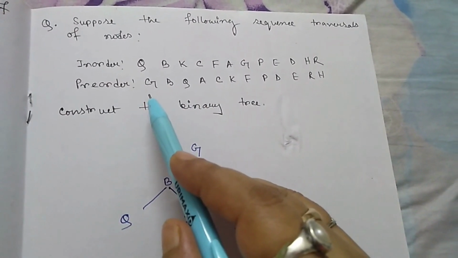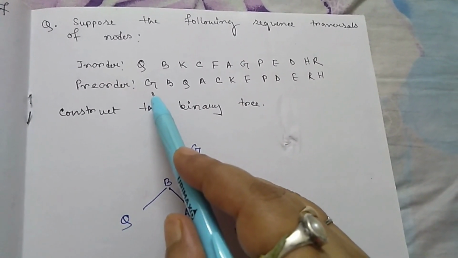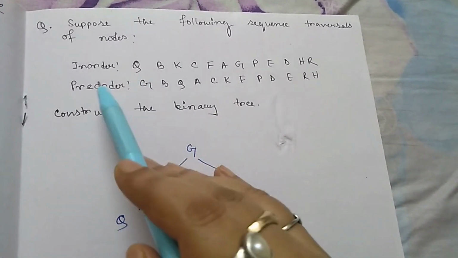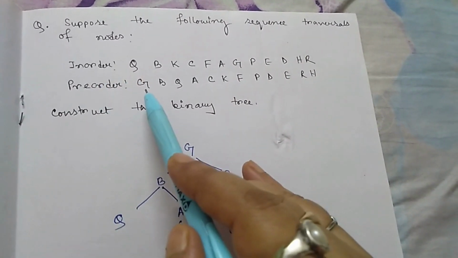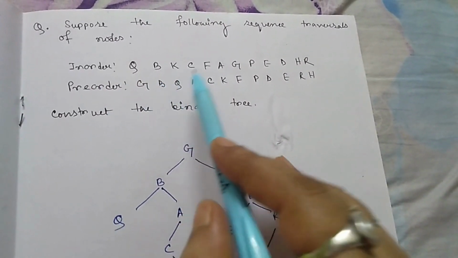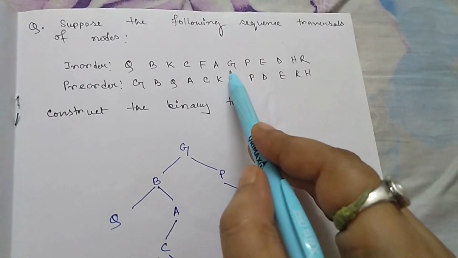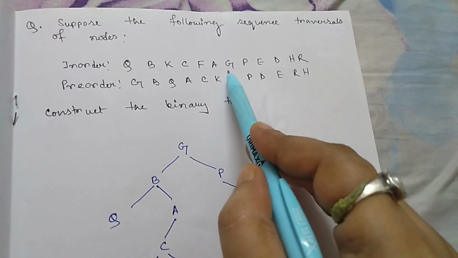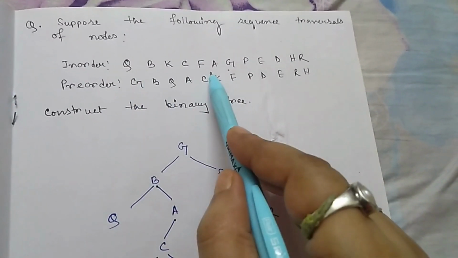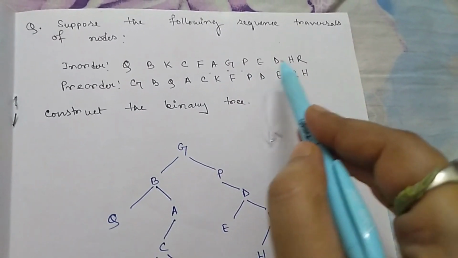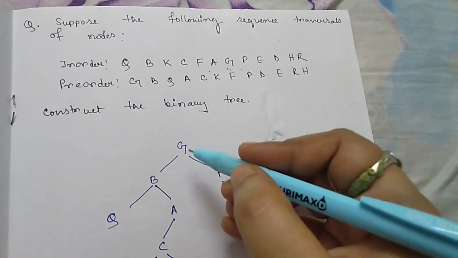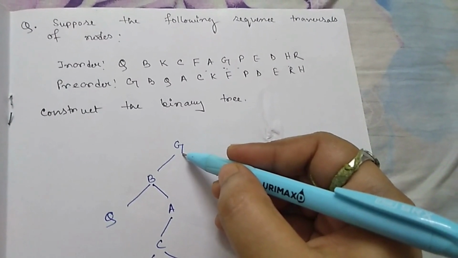So G is the root of that tree. We locate this value in the middle of the in-order sequence. If G is found here, this is the left subtree and this is the right subtree, and we draw G as the root.